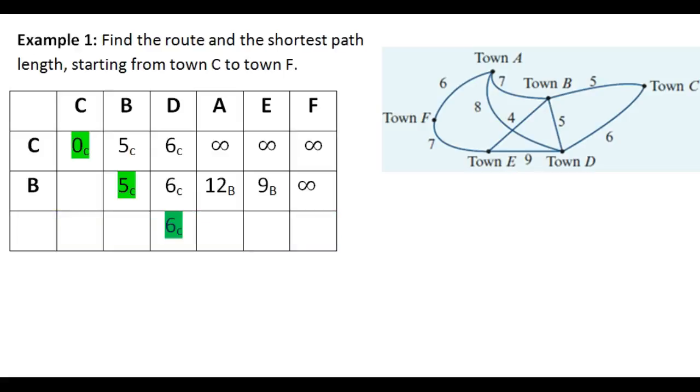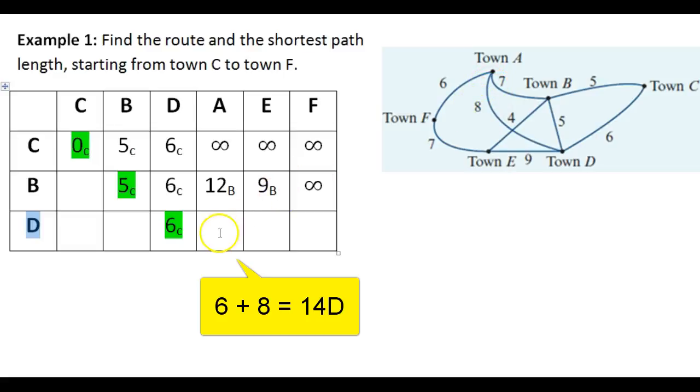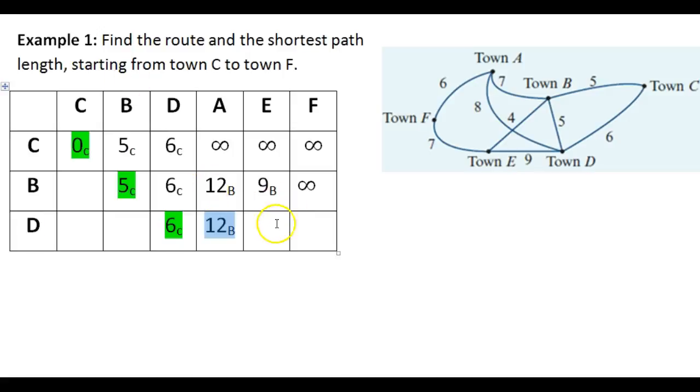So we box 6C as our next best shortest route, and that's now looking at all the points from D. We don't need to do these again, they already have boxes in those columns, so we're looking at D to A. So from D to A, we add an additional 8, so 6 plus 8 is 14, 14 via D. But if we compare it to above, the 12B is better, so 12B goes into our row.